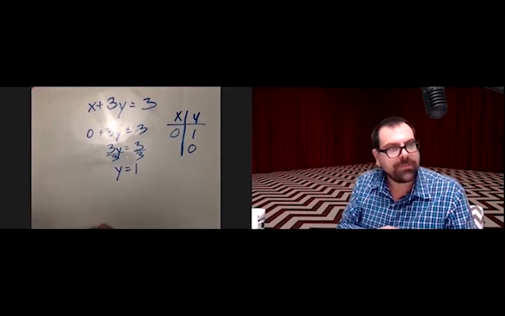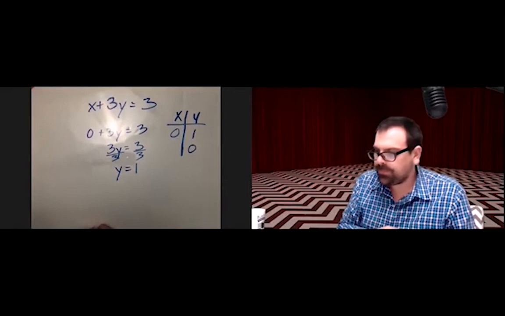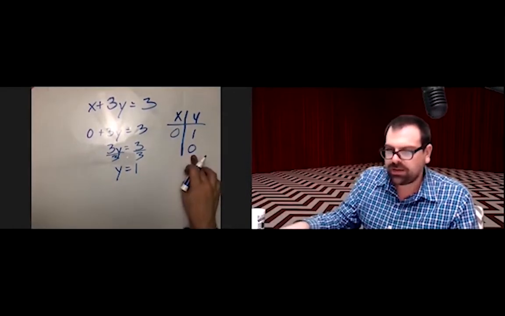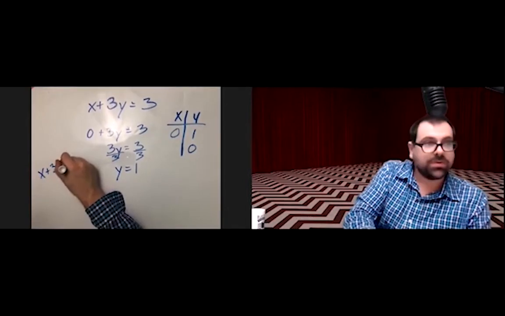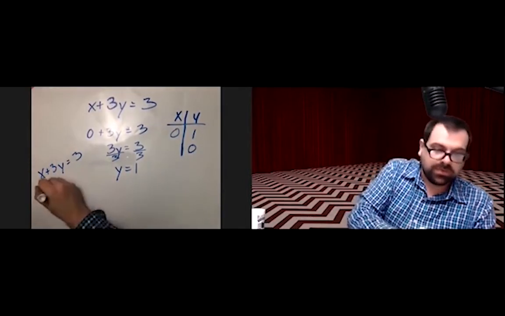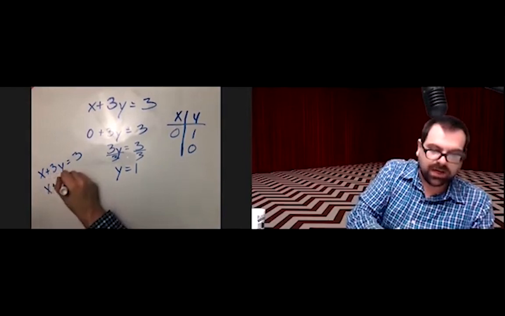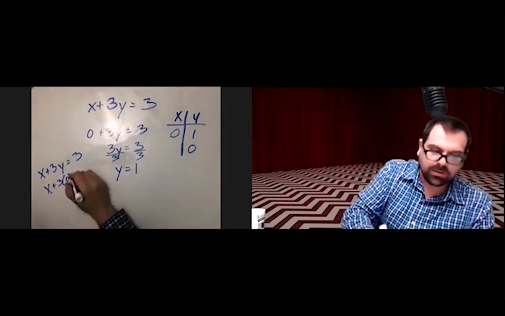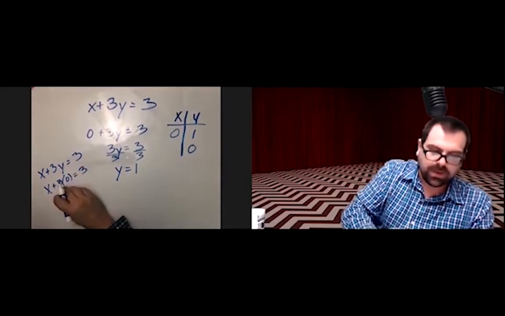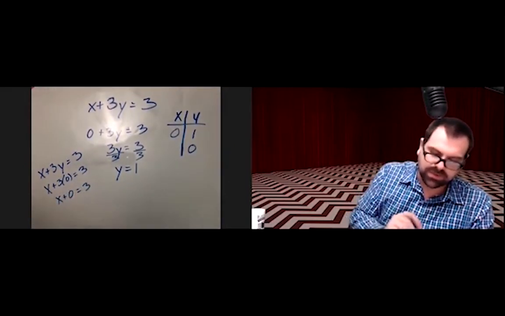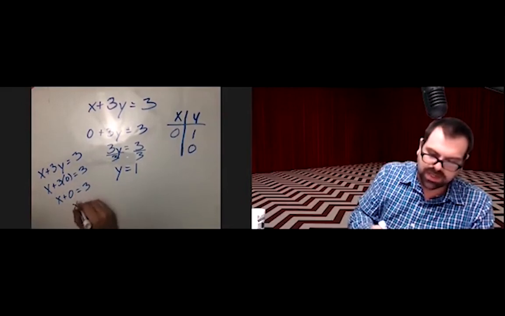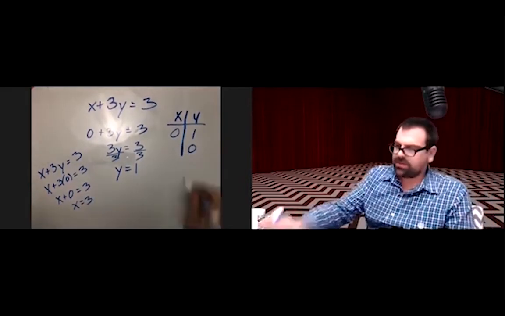Y equals 1. Let's plug 0 in for y. So again, x plus 3y equals 3. If we plug 0 in for y, 3 times 0 is 0. X plus 0 equals 3. X plus 0 is just x. So x equals 3.